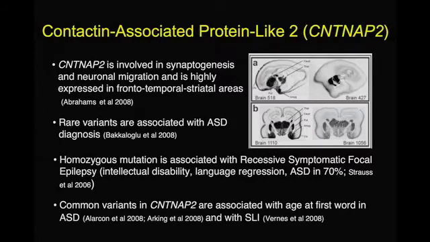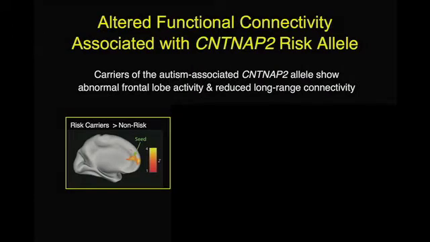And so we started to look at a few candidate autism risk genes to see how they may impact functional and structural brain networks. One of these genes is CNTNAP2. I like to call it catnap. We compared risk carriers versus non-risk carriers, and they differ in terms of brain activity in this medial prefrontal region. This is a weird inflated brain, so maybe you don't recognize it, but it's always that usual suspect.